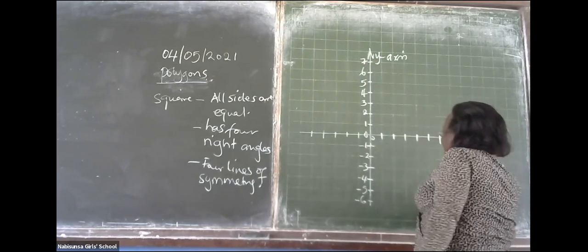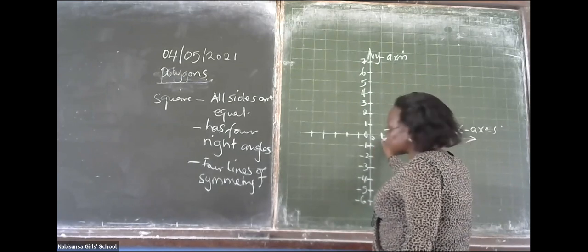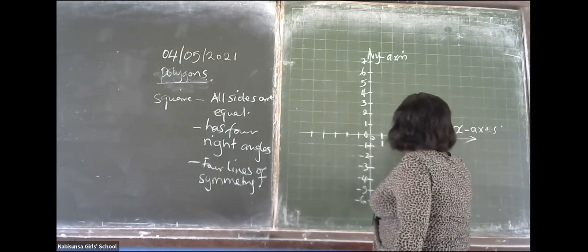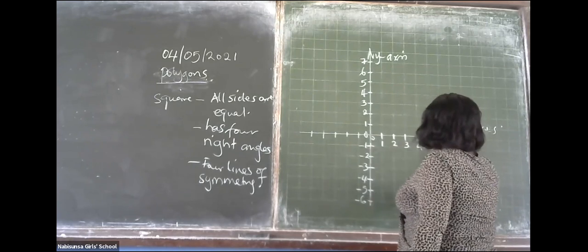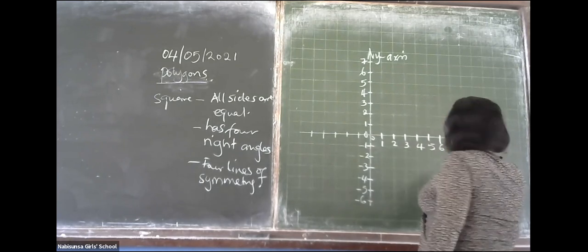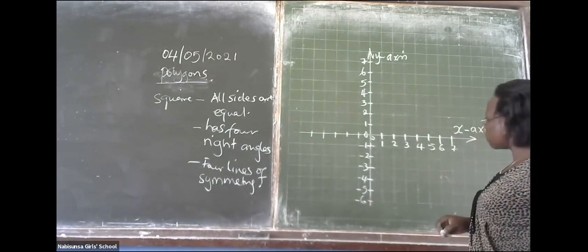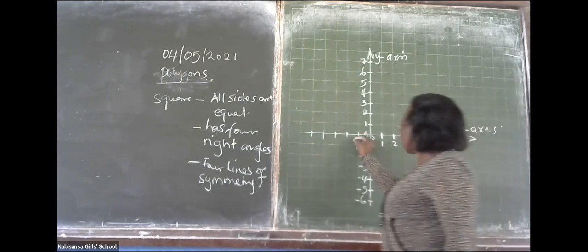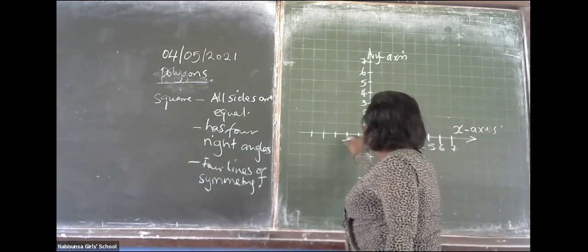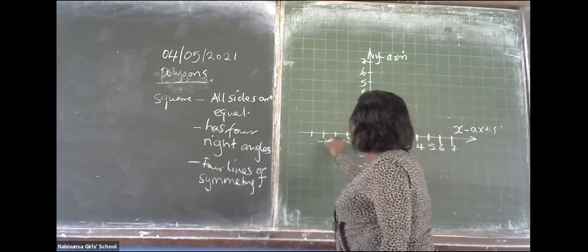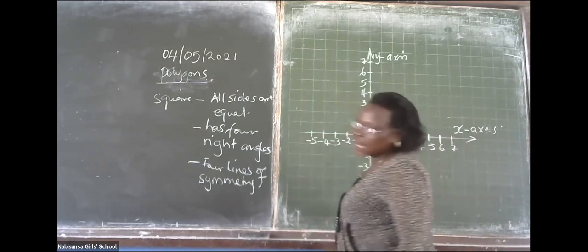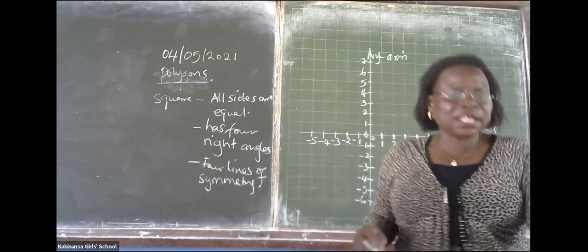On the right-hand side of the origin, the X values are positive. And the arrow means the values continue. They don't stop there. They continue. Then we have -1, -2, -3, -4, -5. You can have so many values, as many as we want.